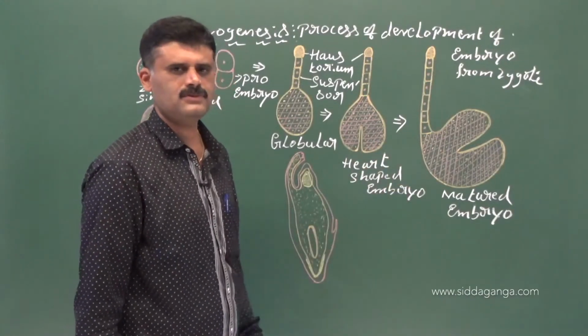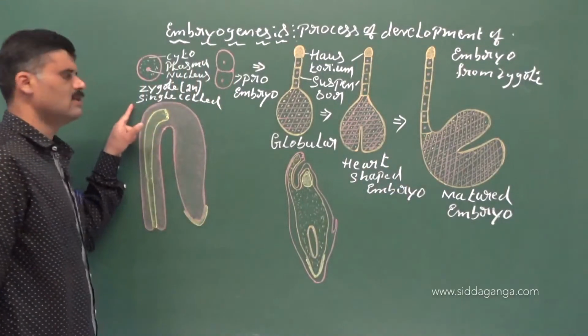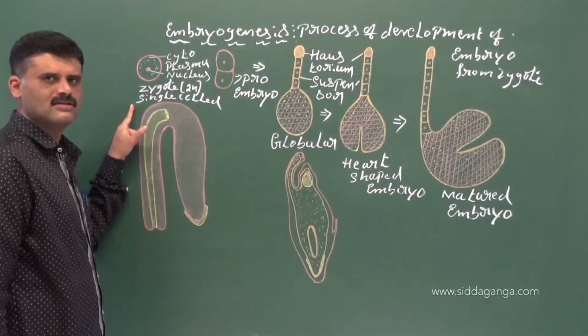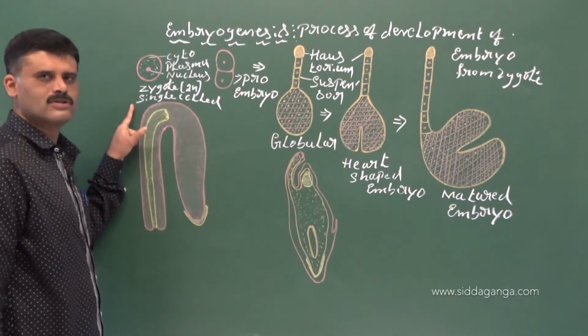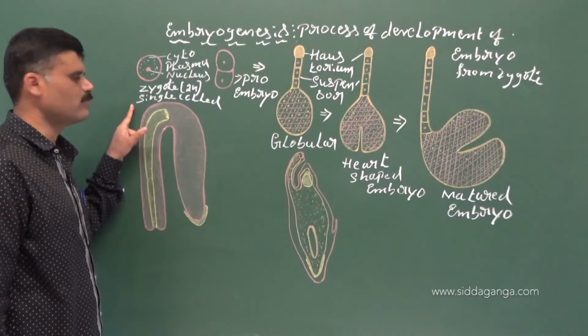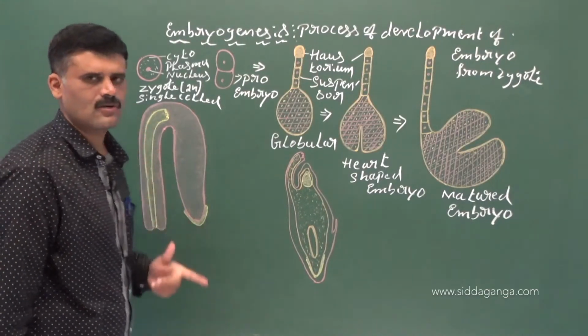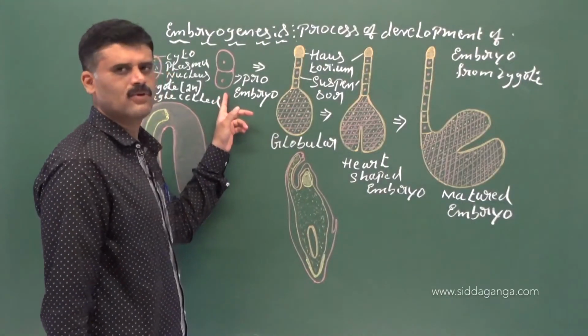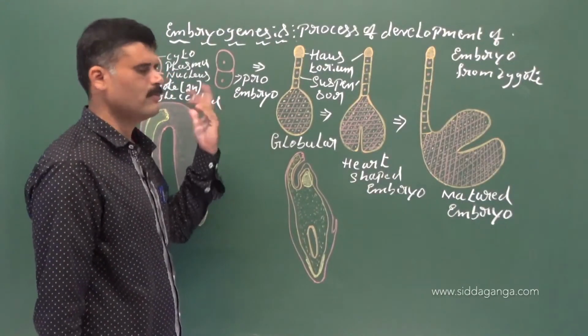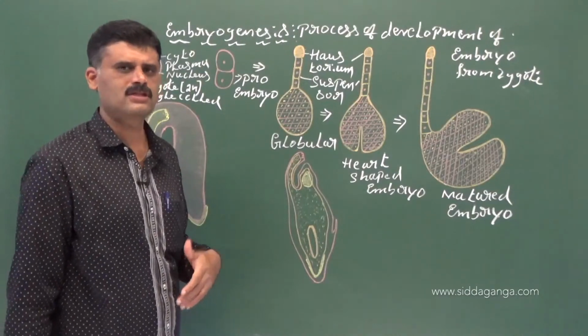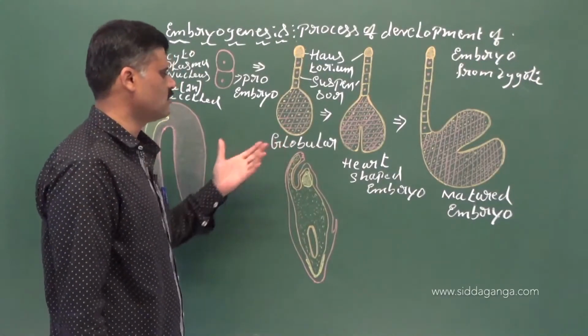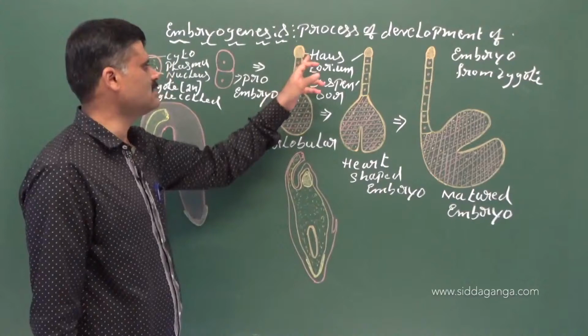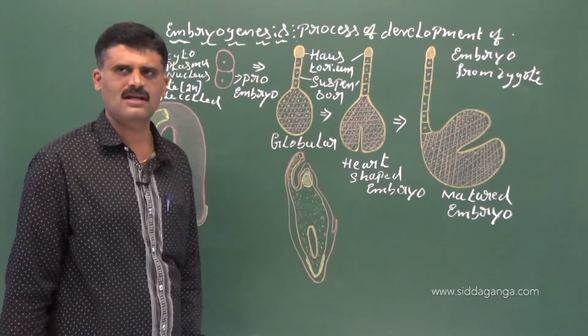Okay, so see here, the zygote is a single cell formed by the process of fertilization towards the micropylar end. This zygote undergoes first cleavage or mitotic division to form a two-celled embryo called the proembryo. Proembryo undergoes further mitotic division to form a globular shaped embryo, which consists of the ostomium and suspensor.